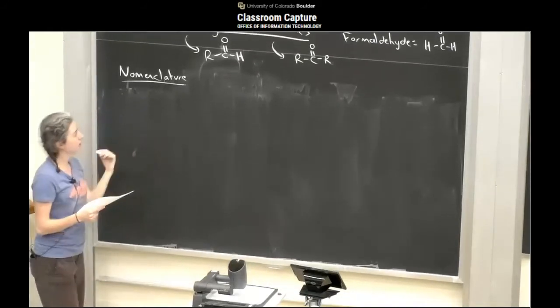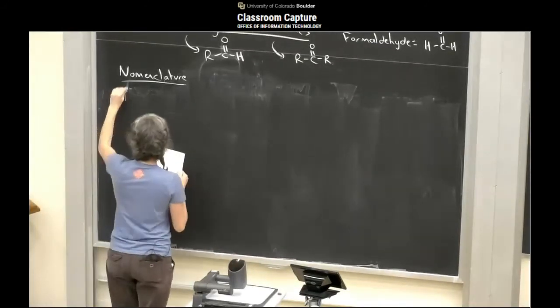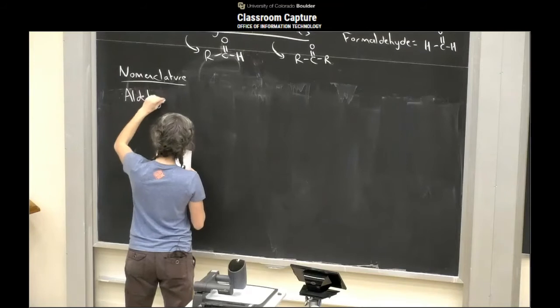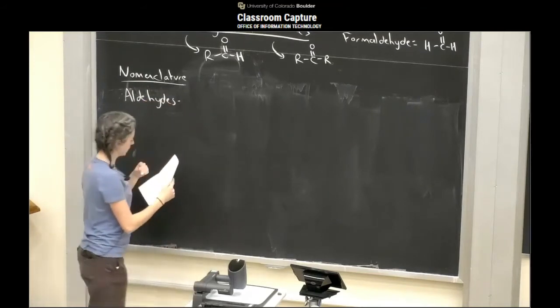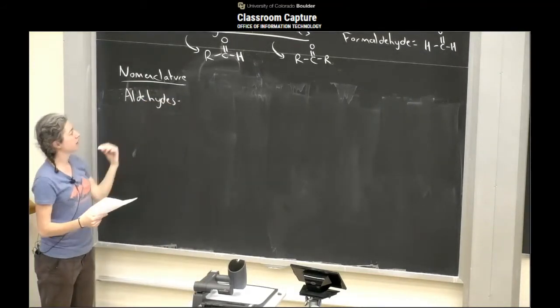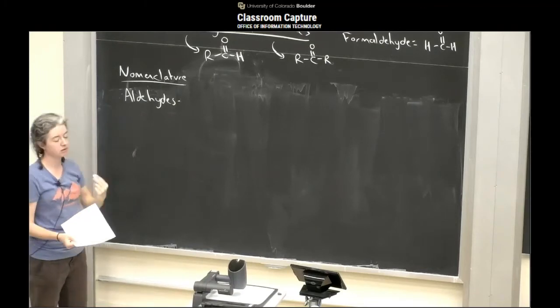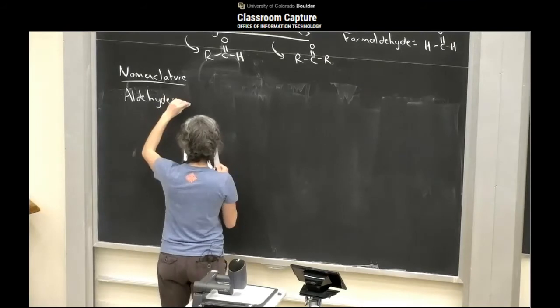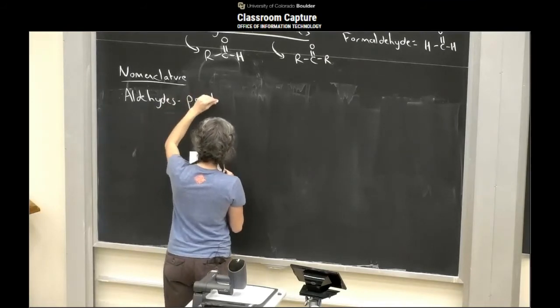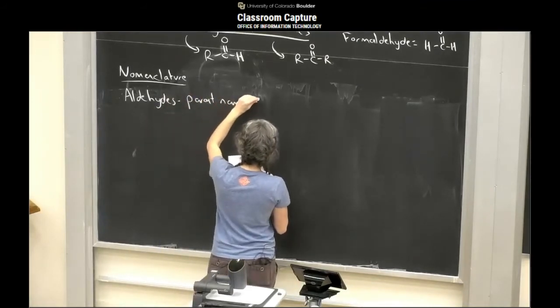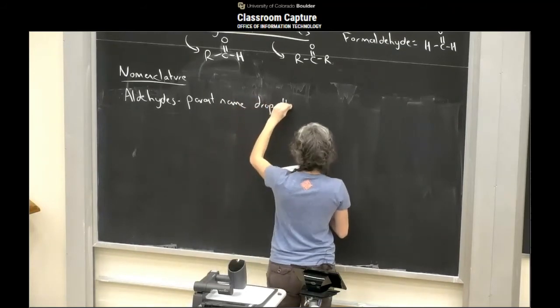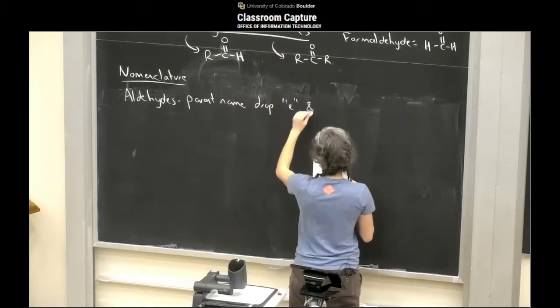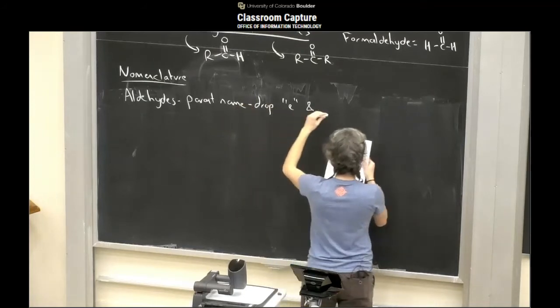Under IUPAC, what we're going to do is take the parent chain name, so however many carbons we have, including the carbonyl carbon. We're going to drop the E from the end and add al to the end.